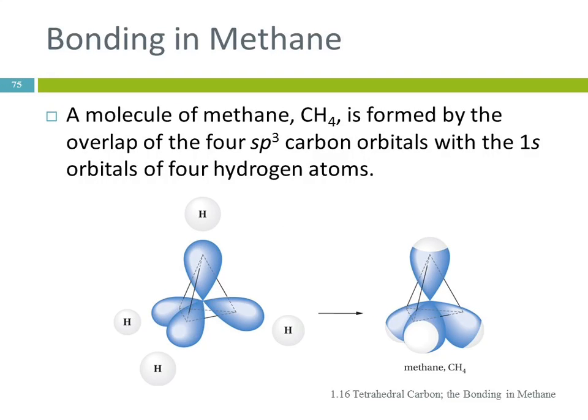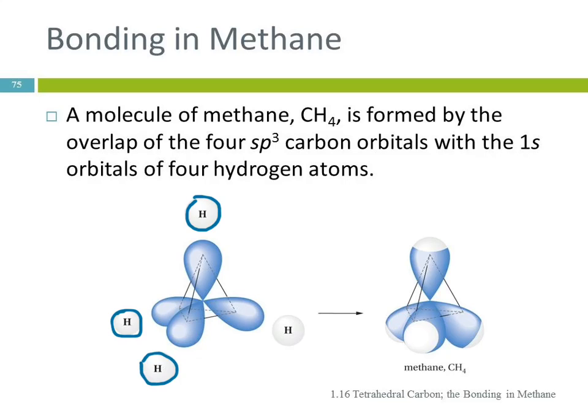So then when we look at a molecule of methane, here is the carbon atom with its 4 sp3 hybrid orbitals, and these hydrogen atoms, which you can't see very well on this screen. There's actually circles here.